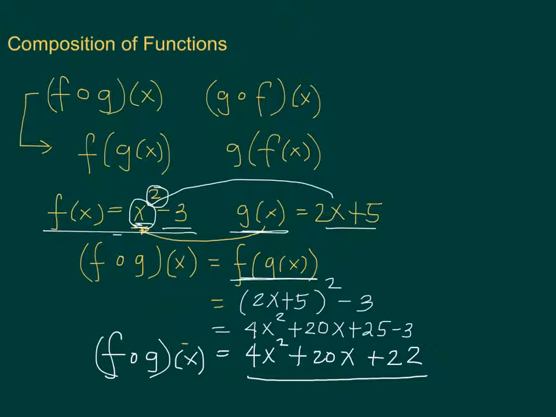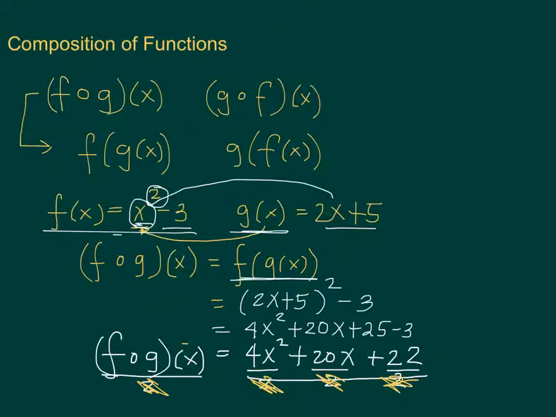If you divide these terms 4x squared, 20x, and 22 by 2, that means you're now getting the f of g of x over 2. So do not simplify the resulting expression by dividing it by a common factor. We just want to get f of g of x. Once we have the f of g of x, that should be the answer already.